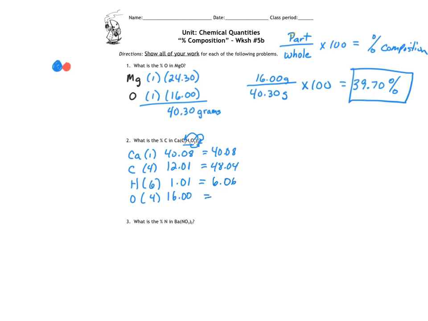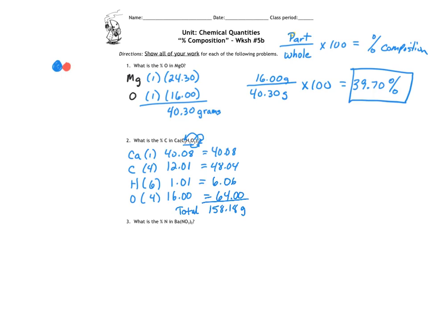And 4 times 16 is 64. I'm going to add these all up to get my total. So 64 plus 6.06 plus 48.04 plus 40.08 equals a whopping 158.18 grams per mole.